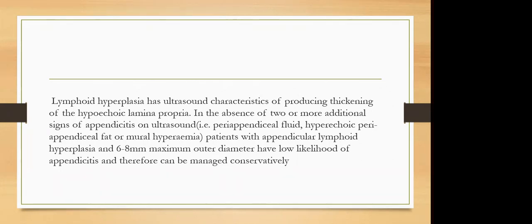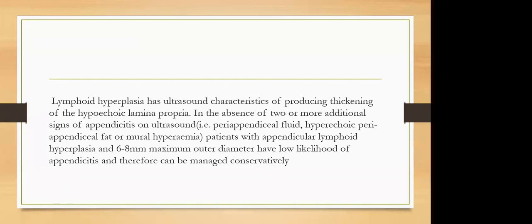So if you are scanning and you look at the appendix and it is measuring more than 6 millimeters, try to check the surrounding. Is there any free fluid? Is there any increased vascularity?